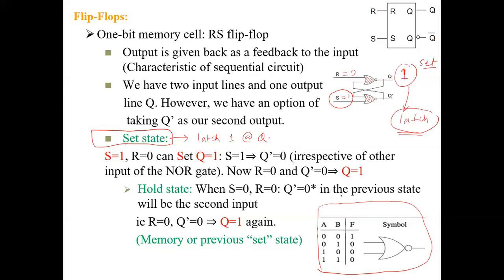In the NOR gate, if one of the inputs is 1, the output is 0. That's the beauty of the NOR gate. That's why when S equals 1, this is 1, I don't care about this other input.